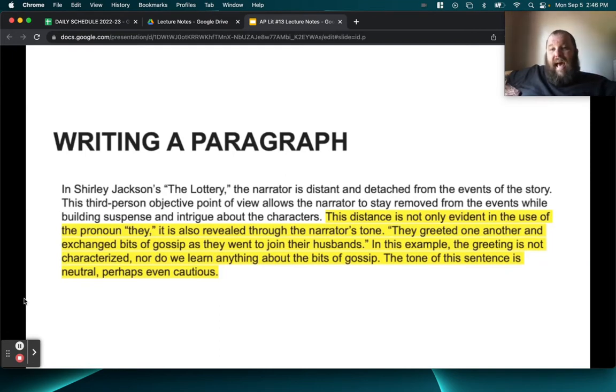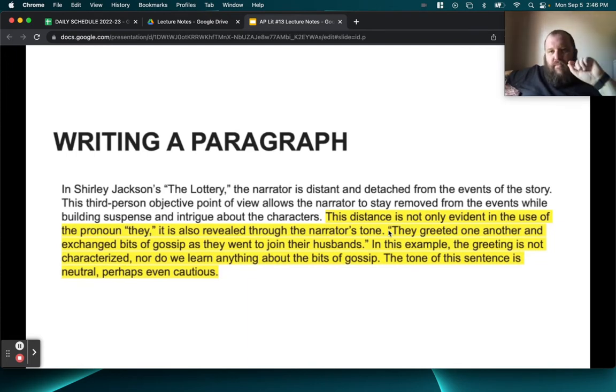The only thing I would add to this example is I would not want a student to put a quote like this: They greeted one another and exchanged bits of gossip as they went to join their husbands. I never want it just dropped in by itself. You see, there's nothing before or after it. Even something simple in the beginning of this sentence like Jackson writes, or we are told that, quote, they greeted one another.